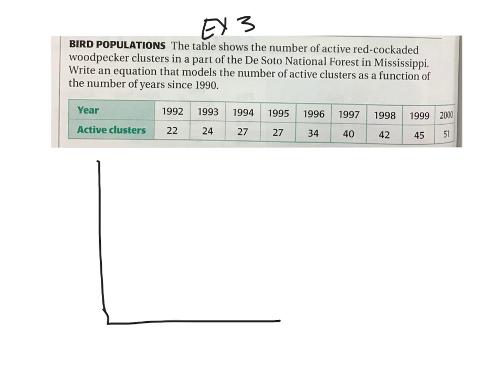Okay, and then looking at the years, it's years since 1990. They go up by 1, so I'm just going to make this. And then our data goes in the 20s to the 50.